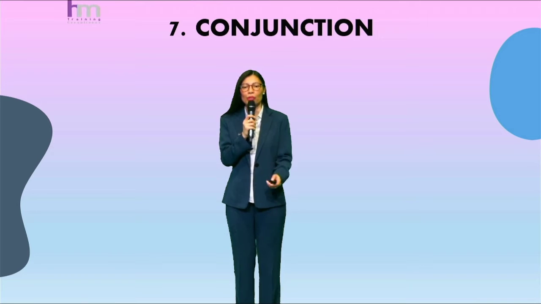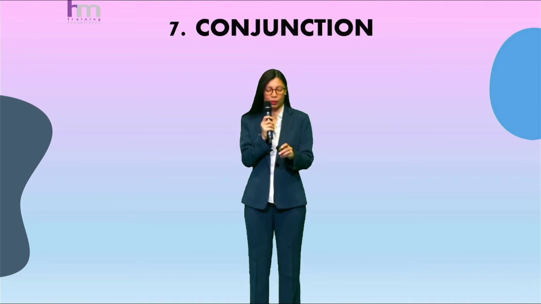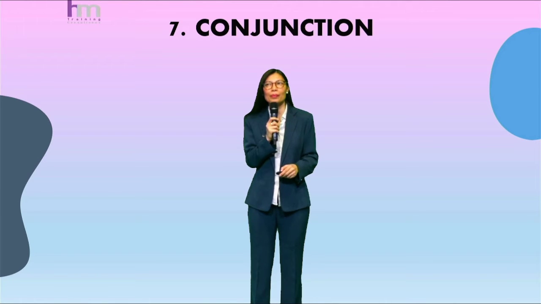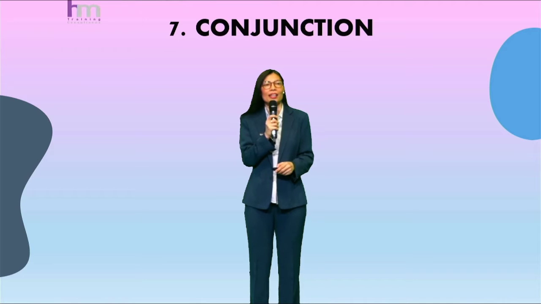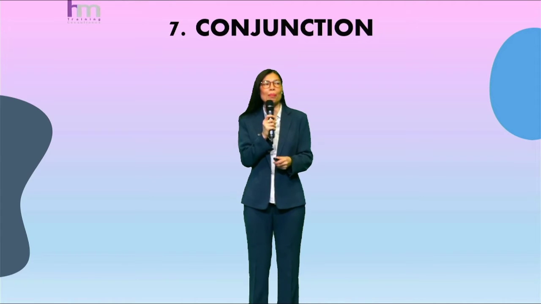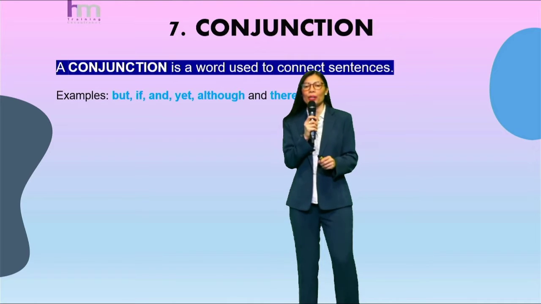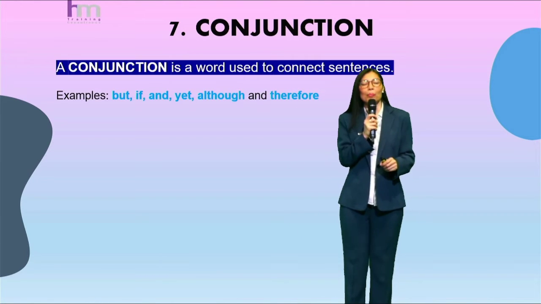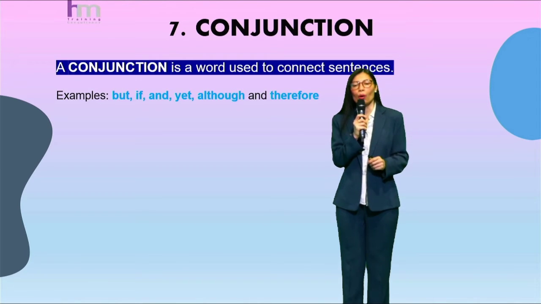Okay, let's move on to conjunction. Do we know what conjunction means? This is a bridge to combine two sentences. Yes, correct. It's the words you use to combine sentences. Examples here are but, if, and, yet, although, and therefore.